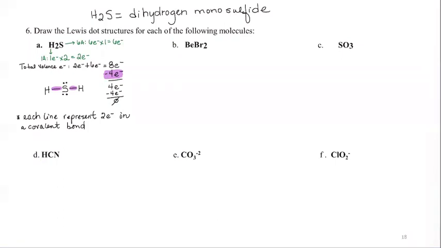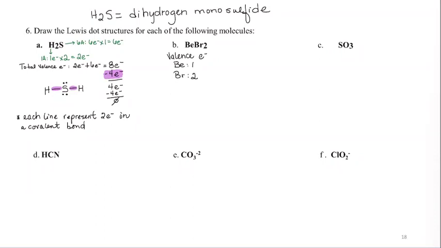So when it comes to the valence electrons in the system, we have two atoms here. We have beryllium and we have bromine. We have one beryllium and we have two bromines.